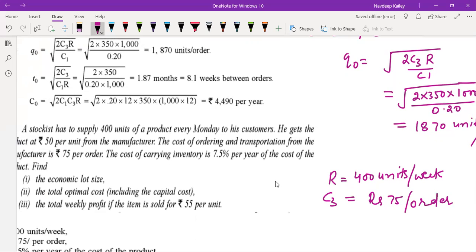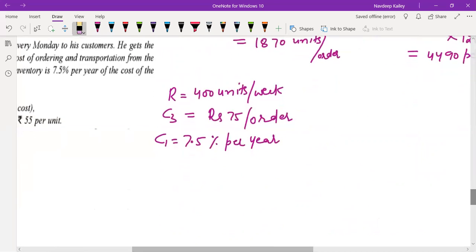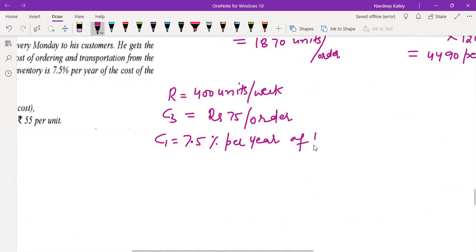Further, the cost of carrying inventory is 7.5% per year of the cost of the product. That is, C1 is 7.5% per year of the cost of the product.